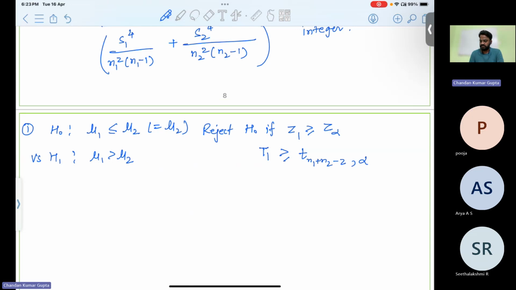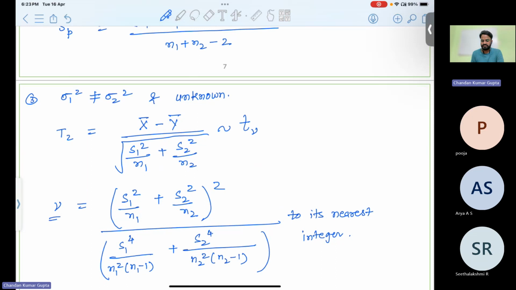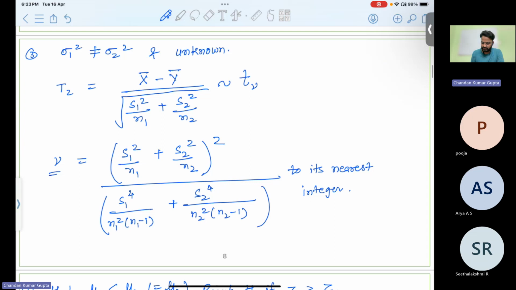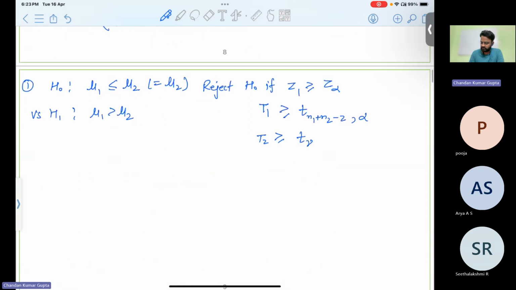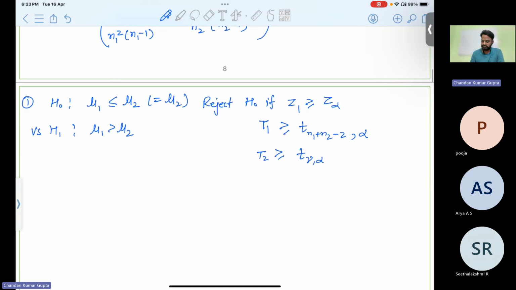In the third scenario, both the variances are unequal and unknown, our statistic is t2, which is greater than or equal to t with degree of freedom nu and alpha. So in all the 3 cases, for this first hypothesis, we conclude our result on the basis of this, whether the null hypothesis is accepted or not.